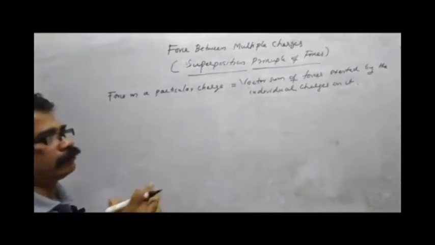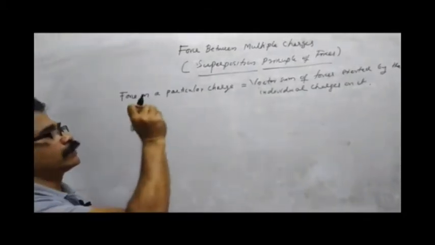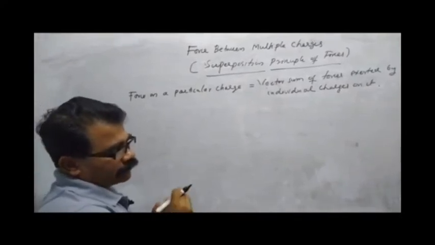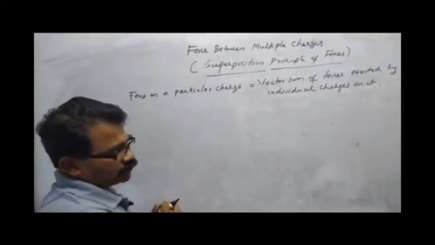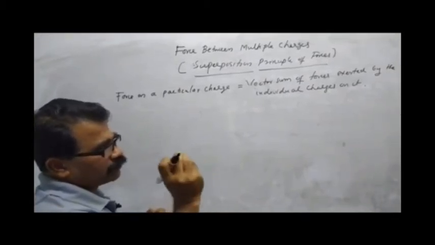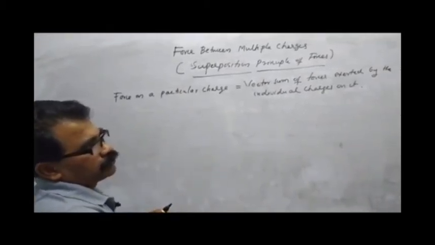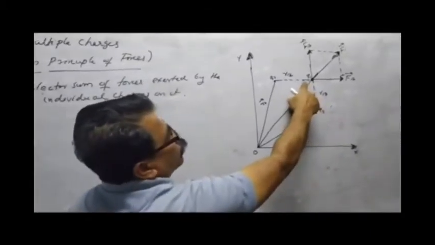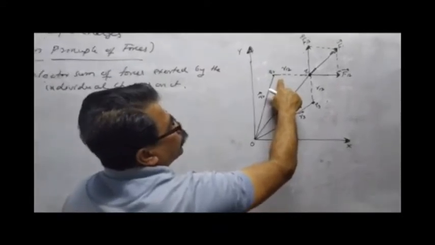Now, how will you calculate the total force on that charge q1? Already you have studied the vector form of Coulomb's law in different ways, and from among those equations, we select some simple equations. So now from this figure, what is the force on q1 by the charge q2?